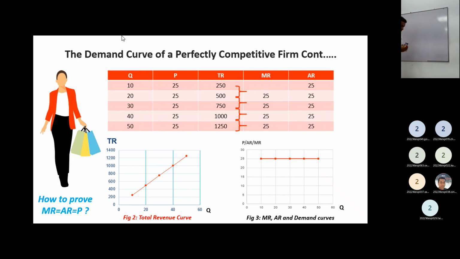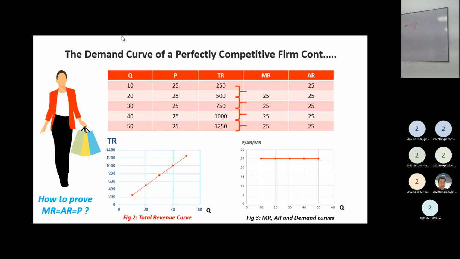Okay, fine. So how do you calculate your MR? Marginal revenue. How do you calculate marginal revenue? If you change your sales, what would be the change in your total revenue?